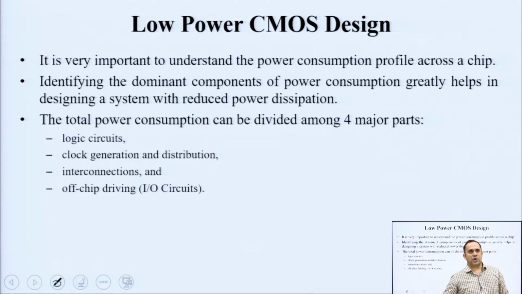When we are talking about low power CMOS design, our aim is to not compromise on the high end performance and still ensure that the power consumption is at a desired level.